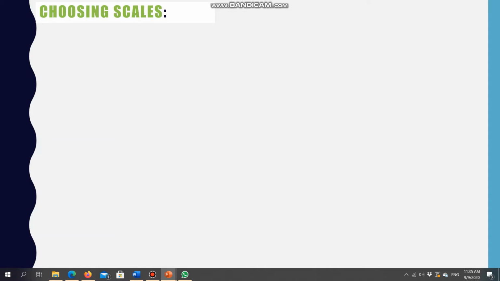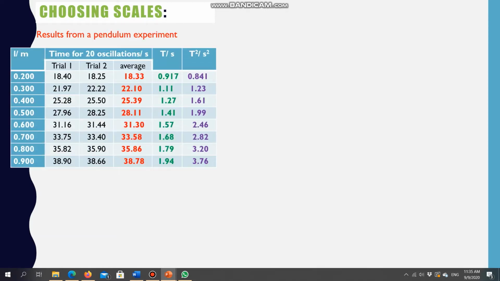Okay, now we are going to look at some real results and how to plot them on a graph. So these results are coming from a pendulum experiment. In this case, you are asked to plot a graph of length against time squared and to find the gradient of the graph.